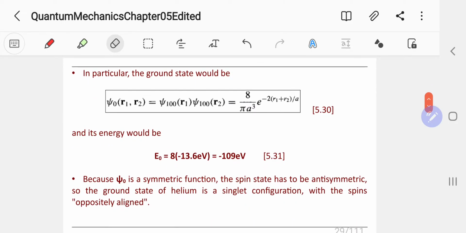So in particular, the ground state would be this one here, and the energy would be this.